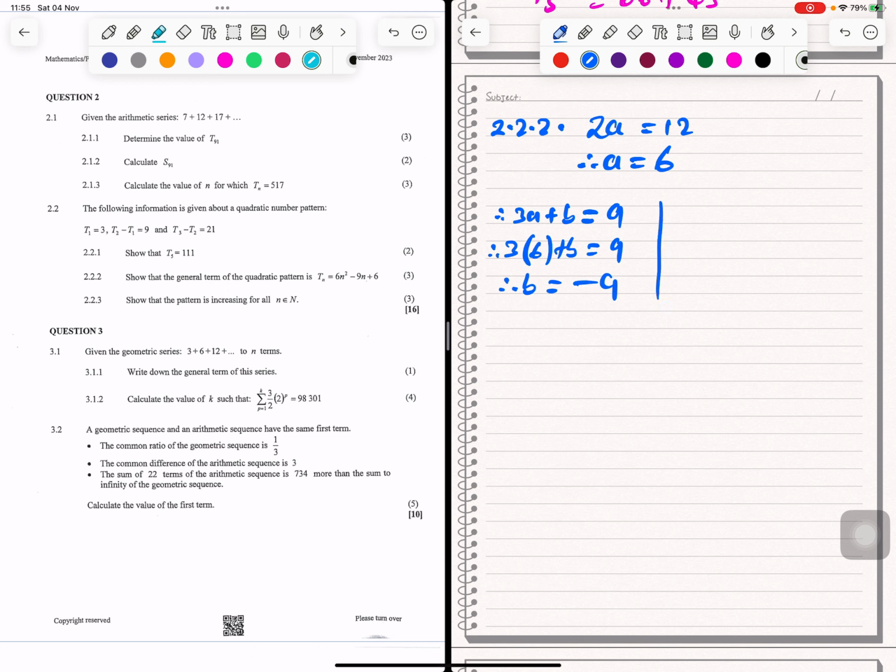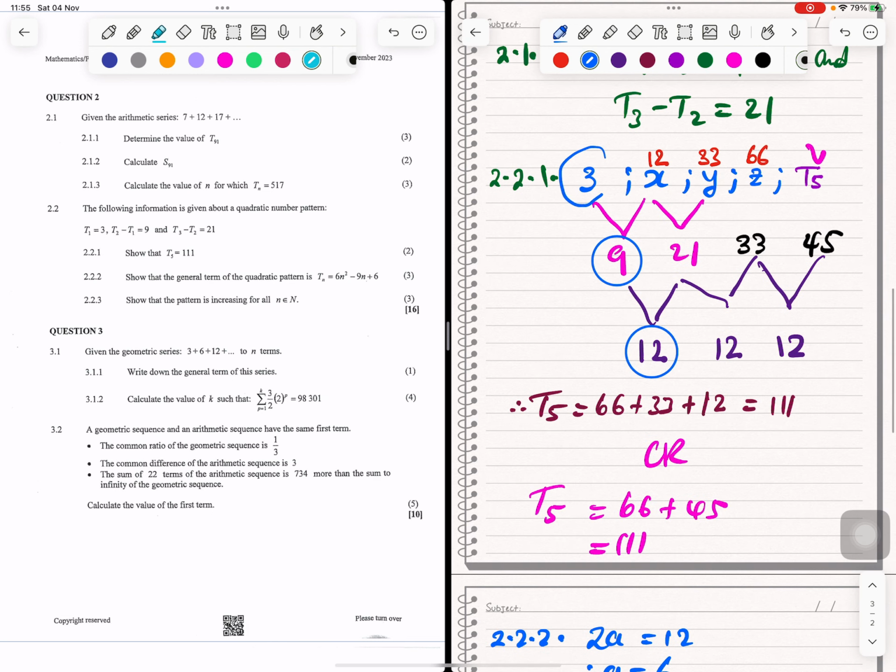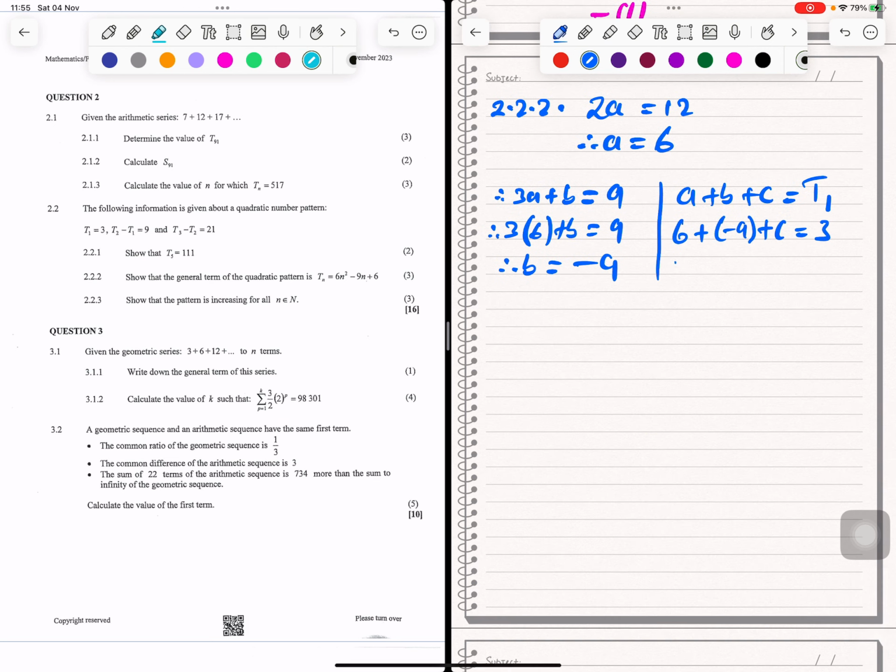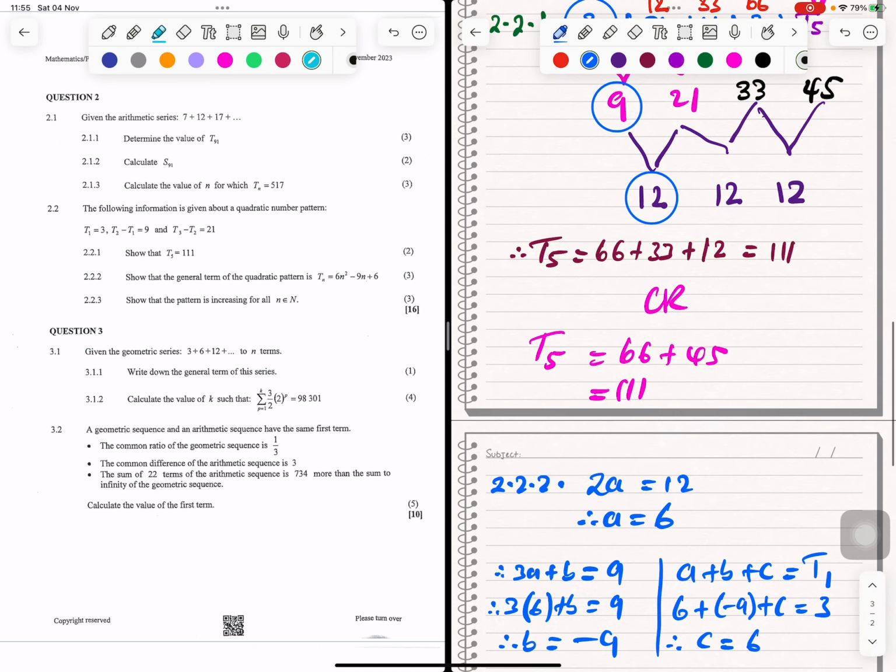Now, to get c, a plus b plus c must give us the first term of the pattern. So this equals T1 of the quadratic pattern. What is a? a is 6, plus b is negative 9, plus c. What's the first term? The first term here was 3. So you put 3 there. Therefore, c is equal to 3 minus 6 plus 9, so it's going to be 3 plus 3, and that is going to be 6. Okay, that is c.